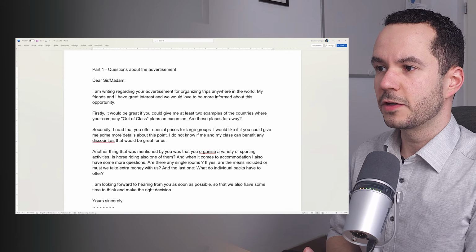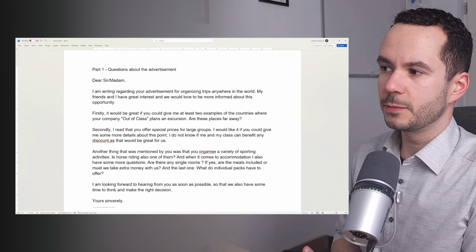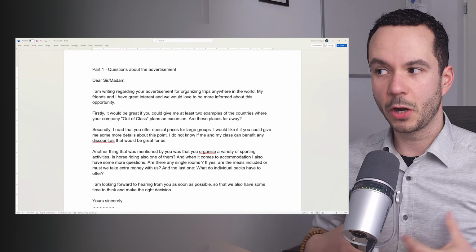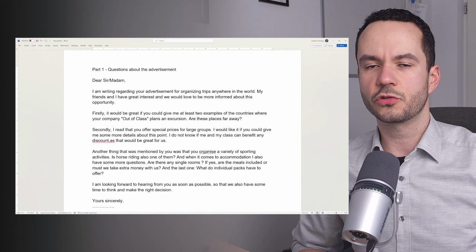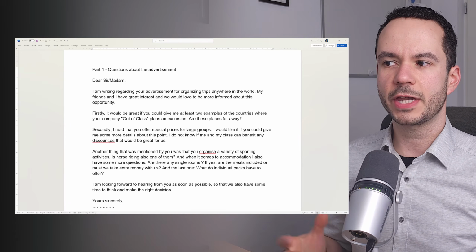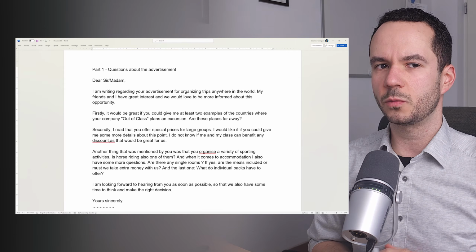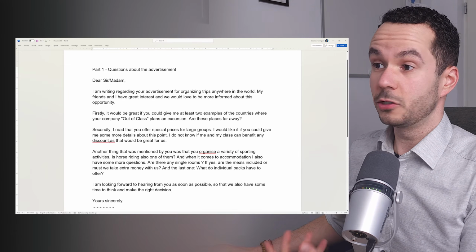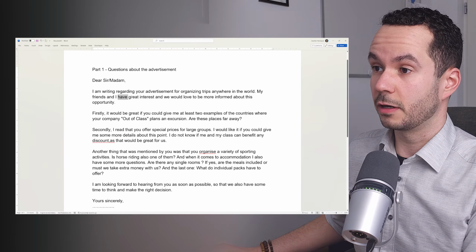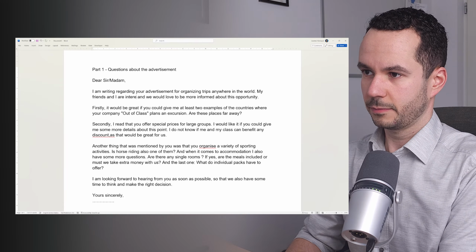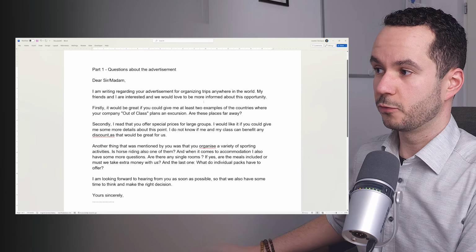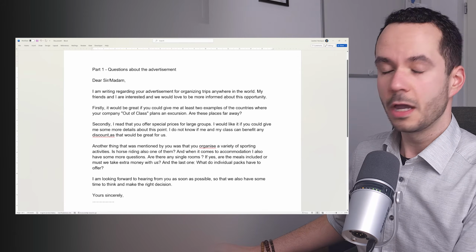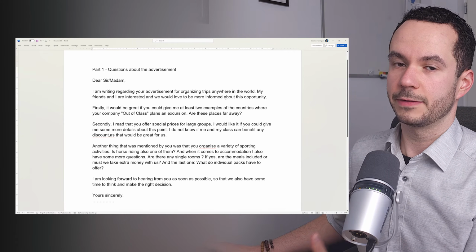Then we get, my friends and I have great interest and would love to be more informed about this opportunity. Now we have some nice structures here, but I would say that this is unnecessarily wordy. You can say this in a simpler way, and you can basically say that my friends and I are interested and we would love to be more informed about this opportunity. Now, it is not an opportunity that is given, it's an advertisement.